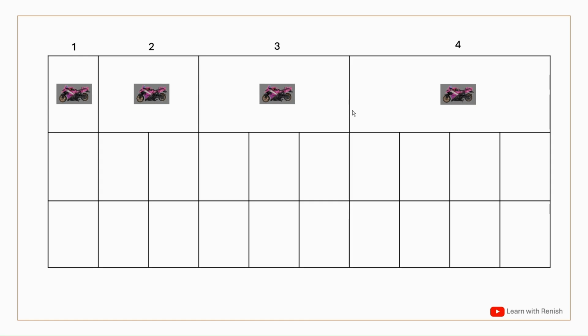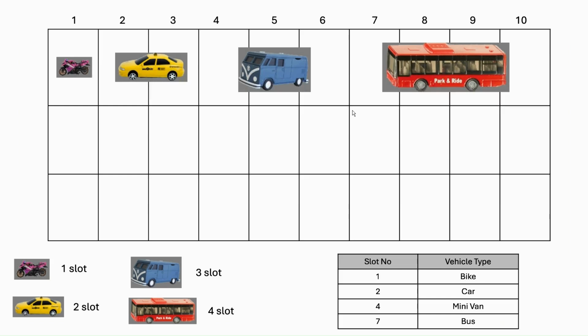So we have to find a more efficient way to park all kinds of vehicles, meaning vehicles with different sizes, right? So what we can do is create a more efficient parking space. Like what we did earlier, we divide the parking area into the same kind of slots, right?